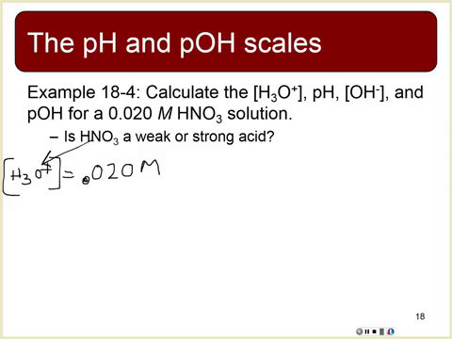All right, so we can go a different route here. What I'd probably do is go ahead and find my pH. If I find the pH, I'm going to take the negative log of that number there. If I do that, I get 1.70.